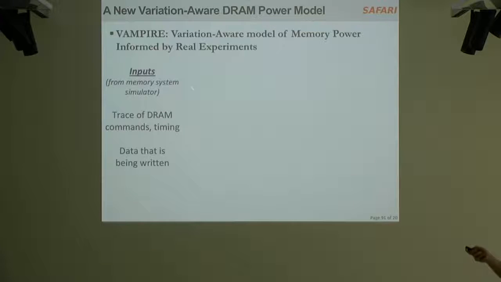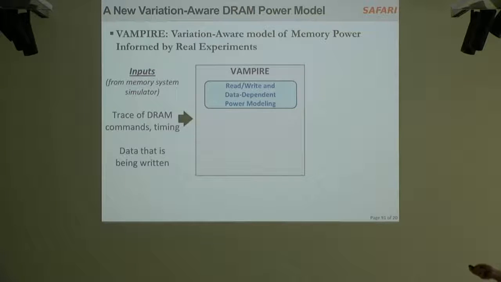Basically, what this does is it takes inputs from a memory system simulator, a trace of DRAM commands and timing, and data that's being written, because clearly data affects the power a lot. And you feed it into this power model, which is open source. You can use it. And this does some new modeling that's not existent in other modeling.